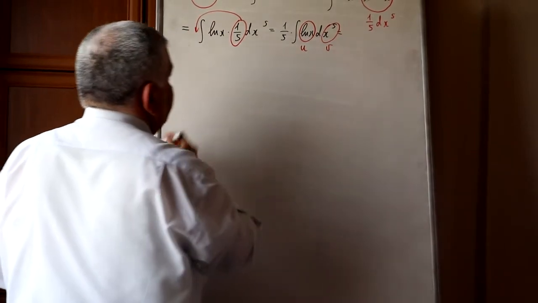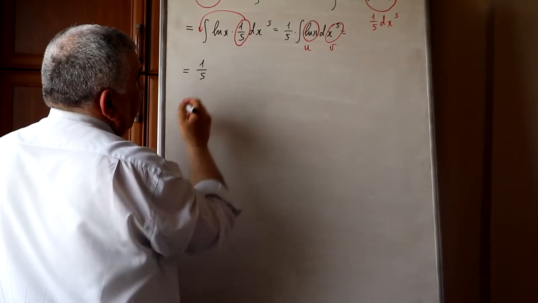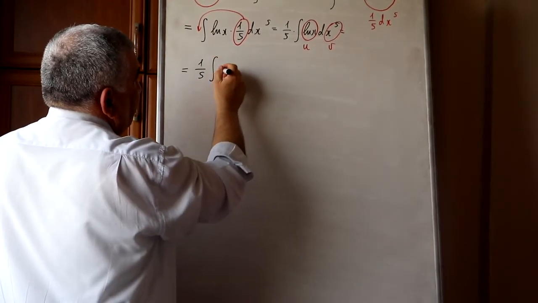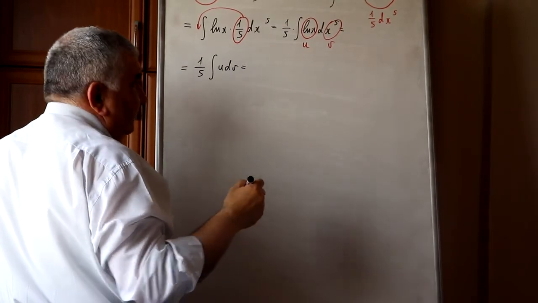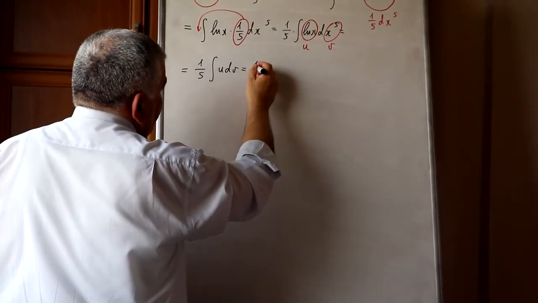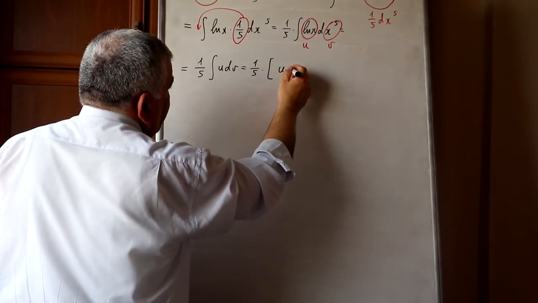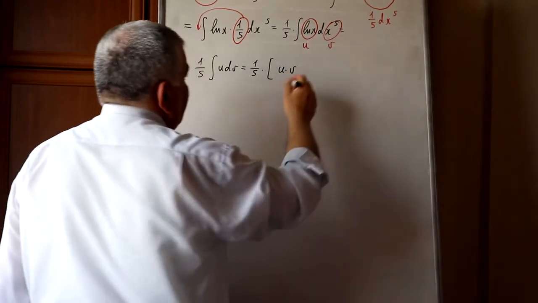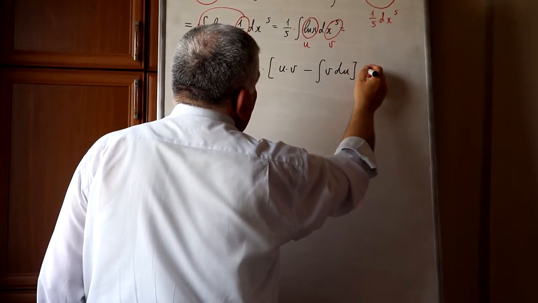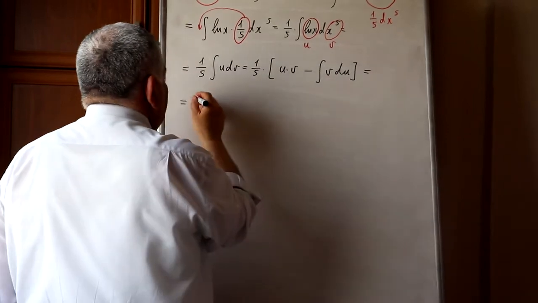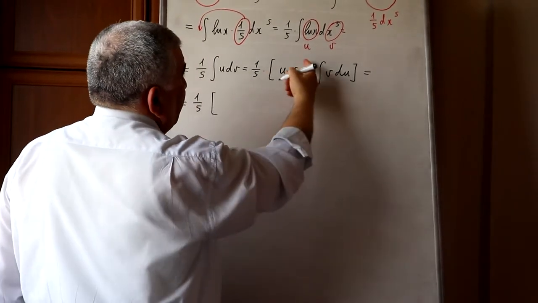Rewrite 1/5 integral of u dv, and according to the indefinite integration by parts, we will have 1/5 multiplied by u multiplied by v minus integral v du, equals 1/5 u multiplied by v.